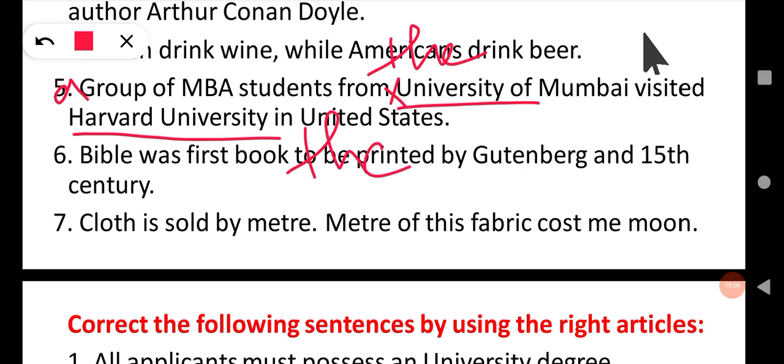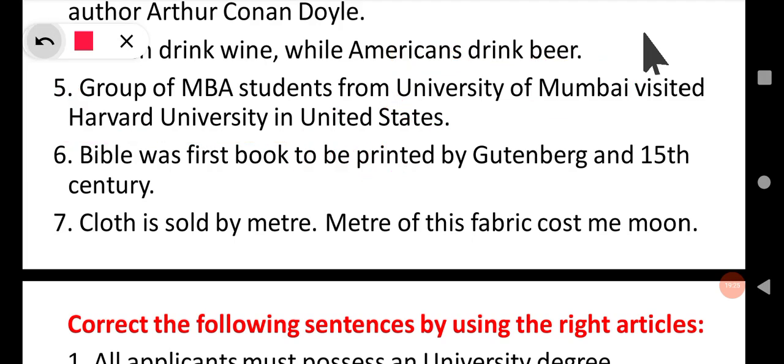Now you might ask me a question, sir, why there is no the for Harvard University? You can use the article with university names only when they are in this form, University of. They must start with University of, then only the article can be used, otherwise no. So a group of MBA students from the University of Mumbai visited Harvard University in the United States.